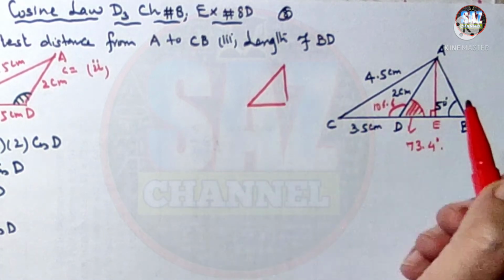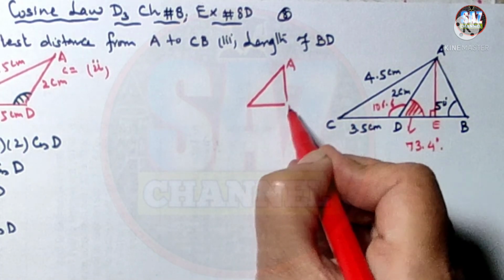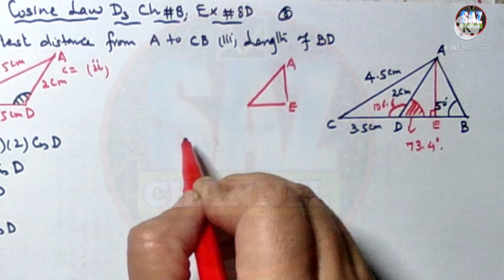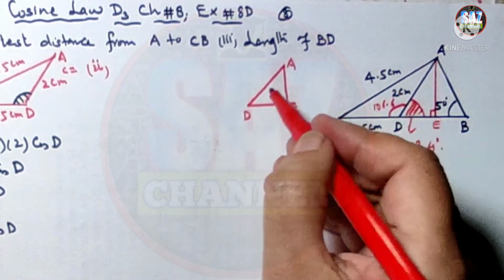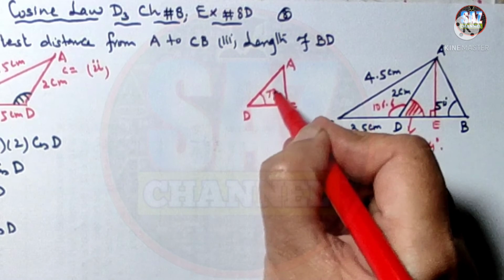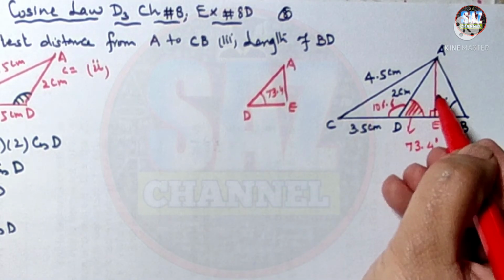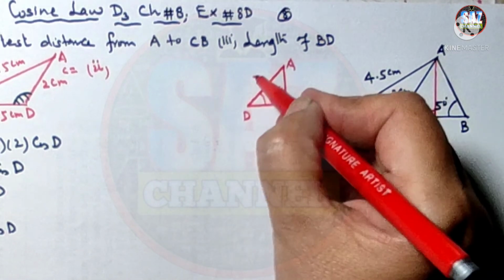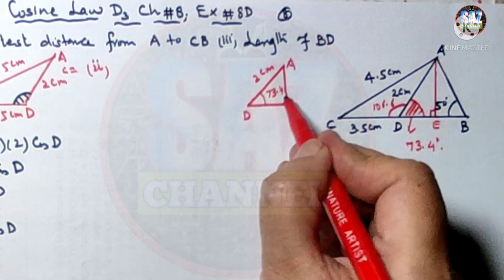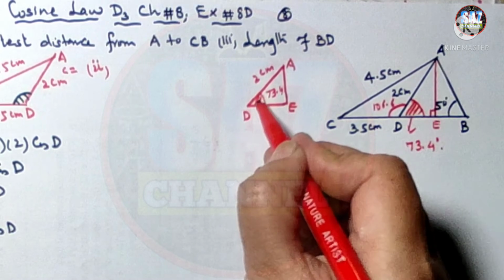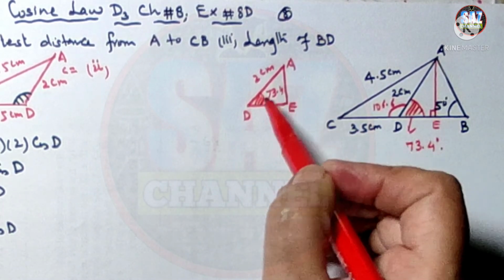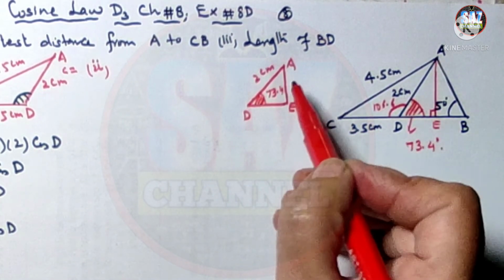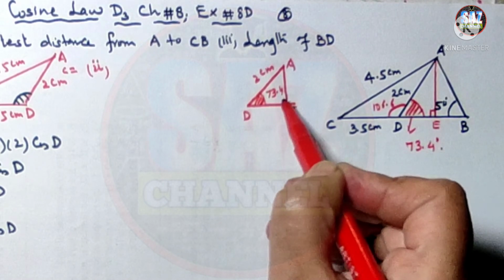This A to E is the required shortest distance, and this angle D we have just calculated is 73.4, and this 2 centimeter is already given in the question. With reference to this 73.4, AE is opposite, and here we have the 90-degree angle.